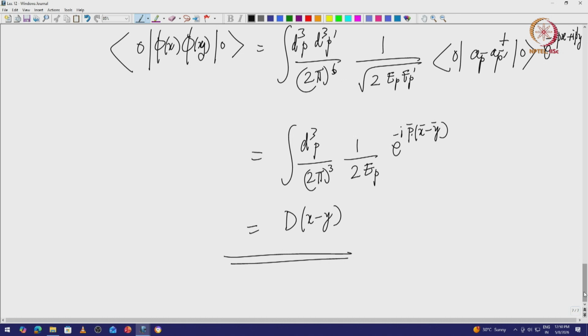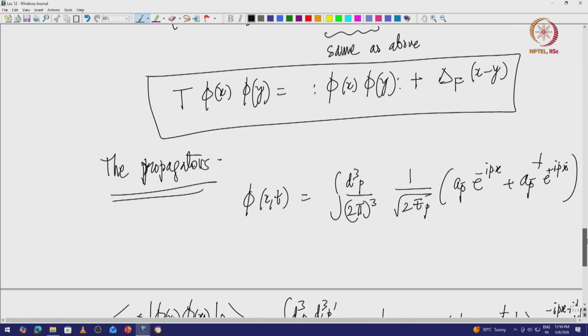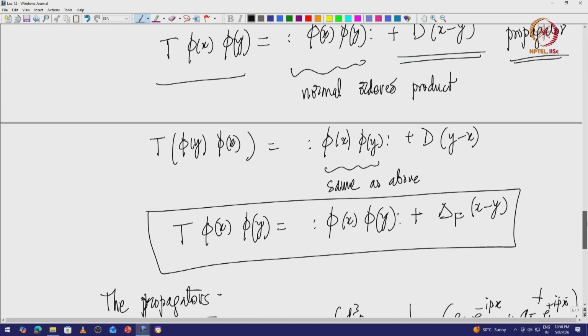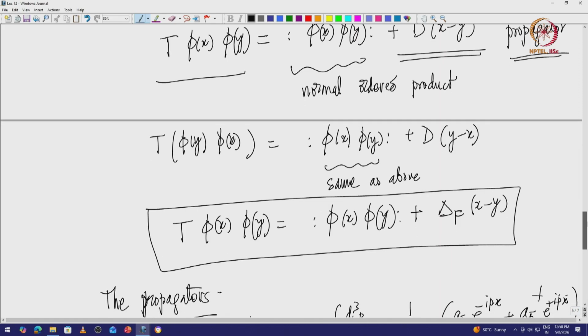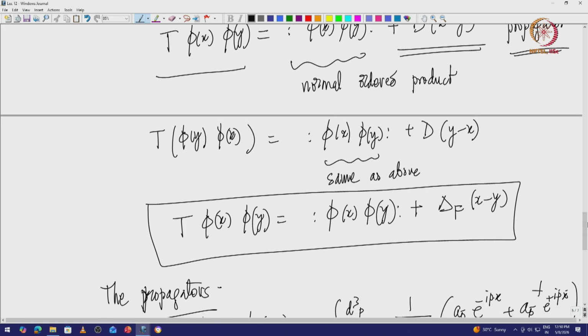I'll stop here, and in the next class I'll continue with the propagators. We already saw Wick's theorem here. This is nothing but Wick's theorem, but I'll formally do it in the next class essentially.